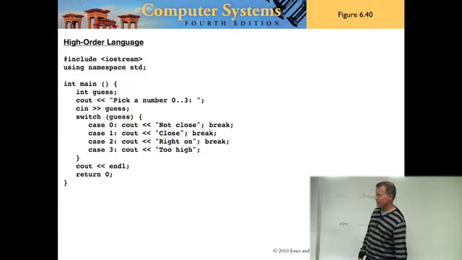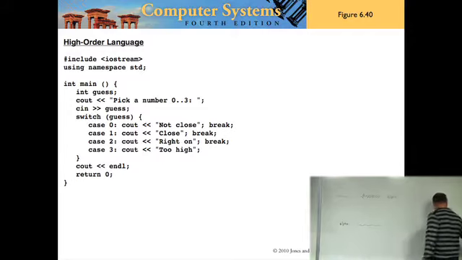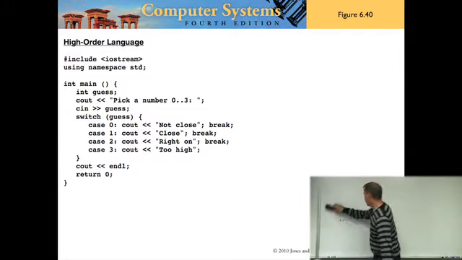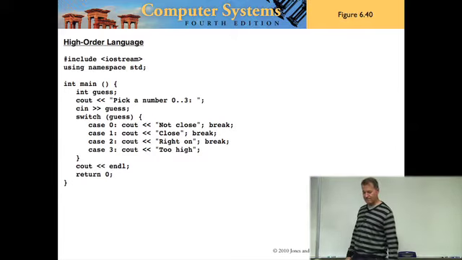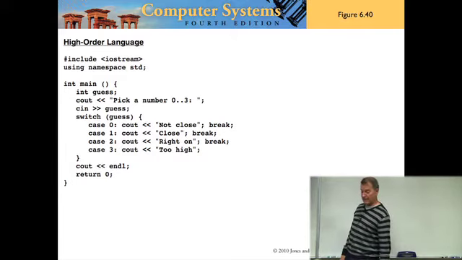Now here's how we're going to illustrate it. We're going to illustrate it with this C++ program, and I think we can write this one pretty quickly. Okay, so check this out, you guys. We've got int main, int guess, cout pick a number, cin guess. Guess is an integer, and so we can either guess 0, 1, 2, or 3.